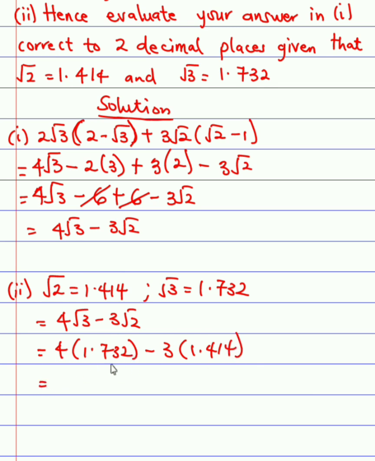So 4 times this gives us a value of 6.928, minus 3 times 1.414 gives us a value of 4.242. Alright, so we have 6.928 minus 4.242. If we subtract this from that, we get a value of 2.686. So that will be our answer for this particular question.